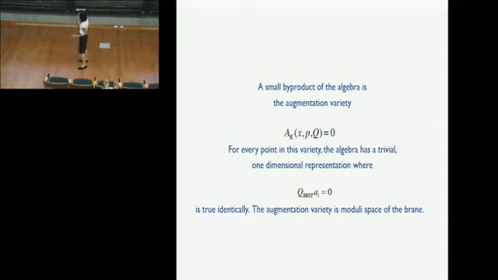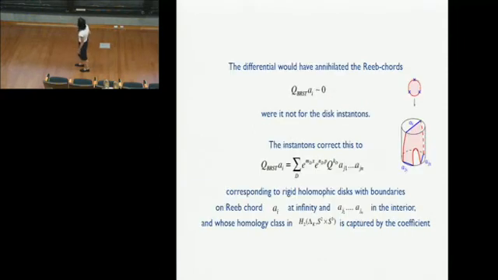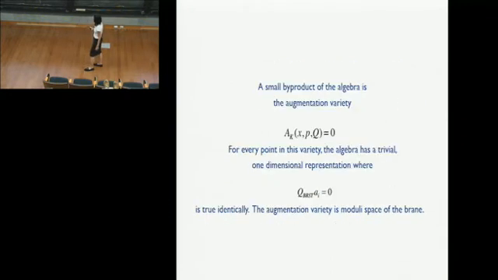And that can be identified with the moduli space of the brane. Again, x and p have to do with holonomies of this torus at infinity along the longitude and its meridian. And Q counts the number of times you wrap the S2. Okay. All right.